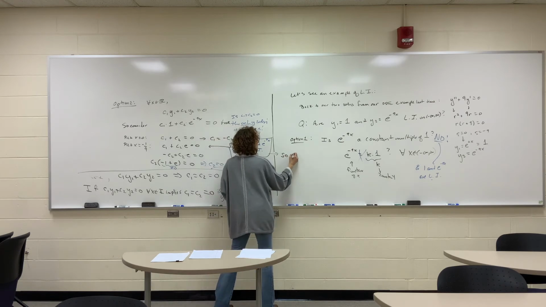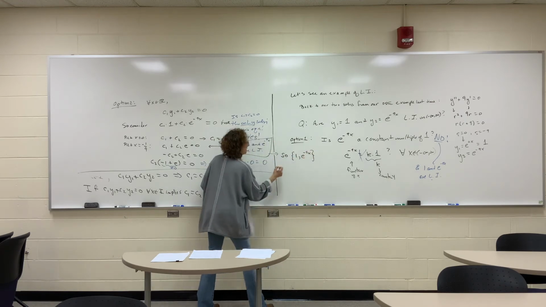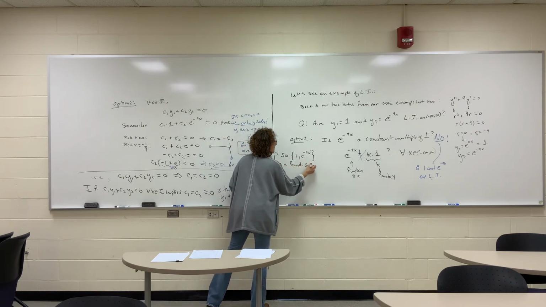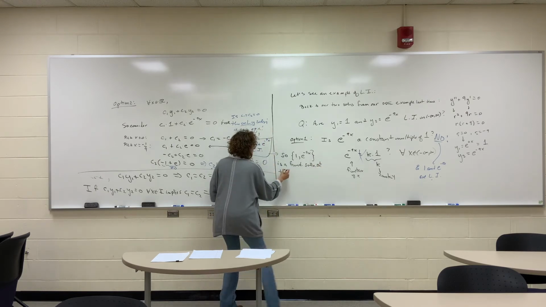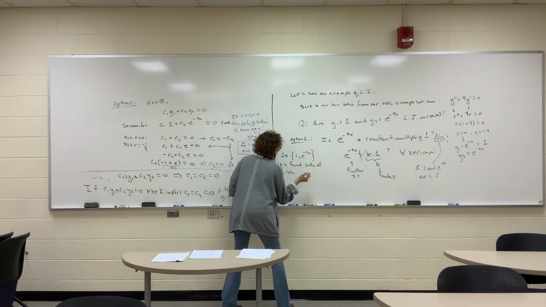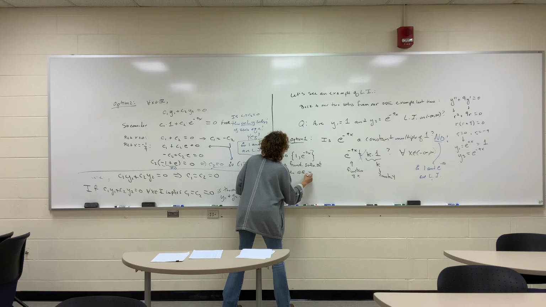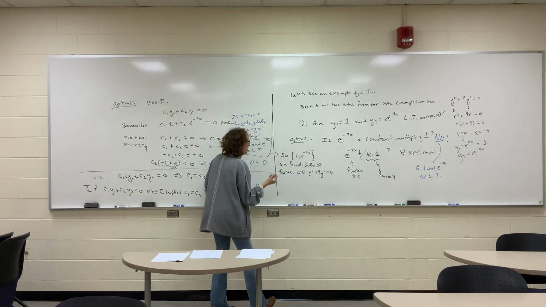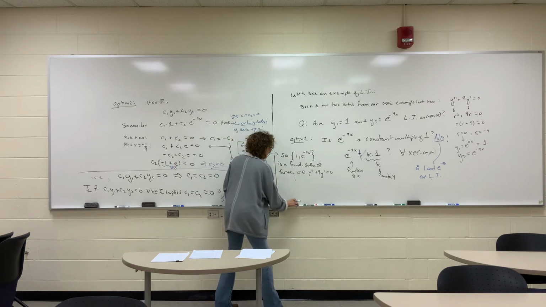Well, the set 1, e to the negative 9x is a fundamental solution set for the ODE y double prime plus 9y prime equals 0, right? Based on our theorem that we had.